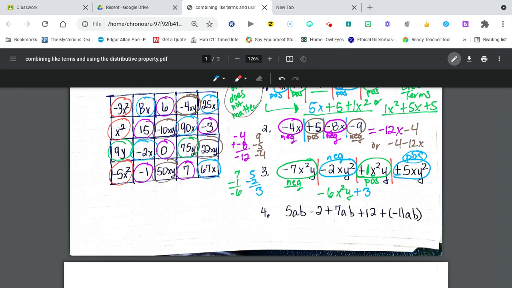Plus 3xy squared. If I were to say negative, I'll write a minus. Okay? But it's positive. Now, you could have written 3xy squared minus 6x squared y. So again, if you say positive, you can write a plus. If you say negative, you can just write a minus, okay?